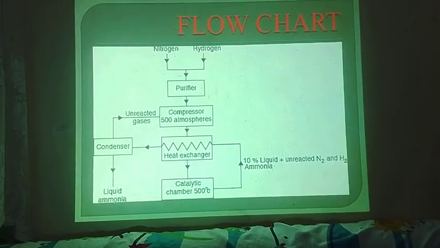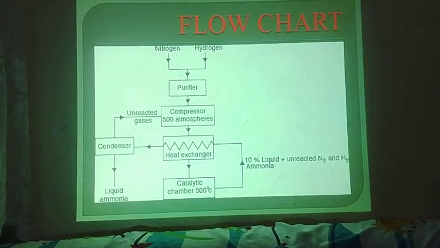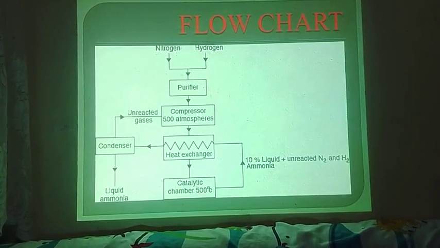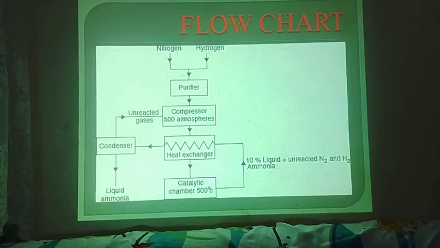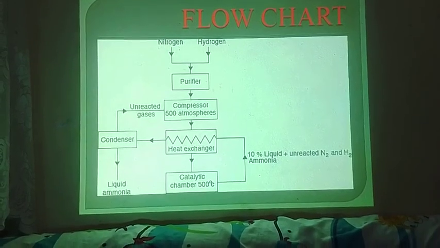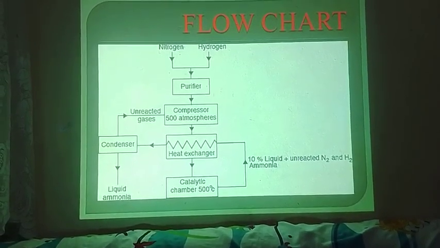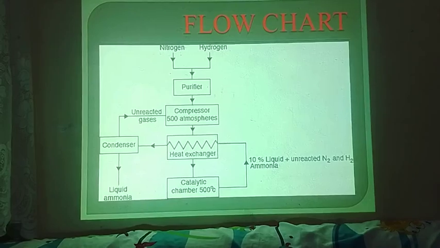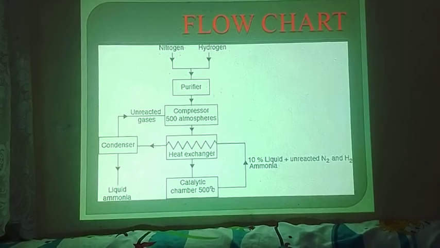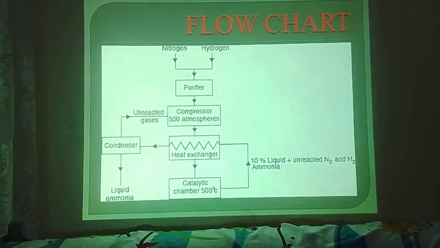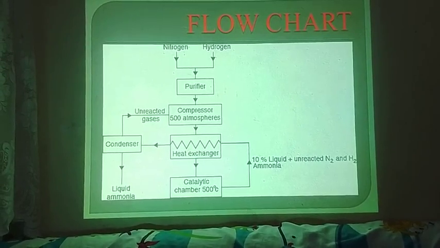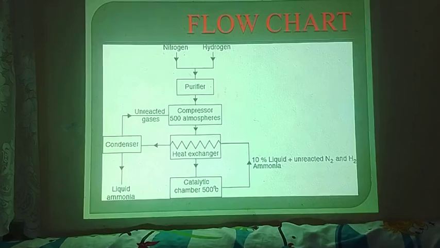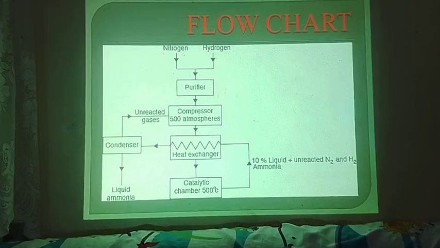Now, the flowchart above shows the Haber process, how it looks like, and usually in large manufacture of ammonia, you realize that there's some big tanks that represent some chambers that we look at in our flowchart. Of course, a starting point, we are going to start with our raw materials.